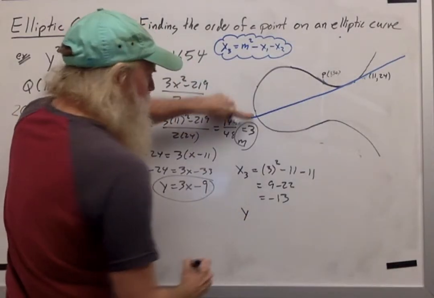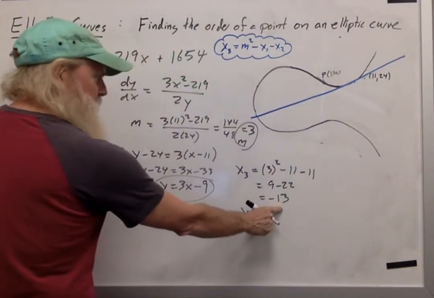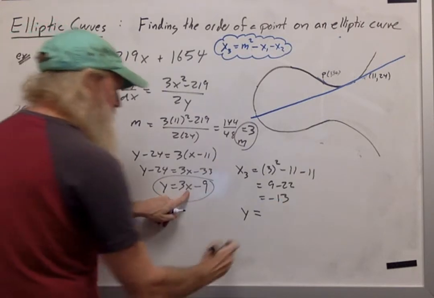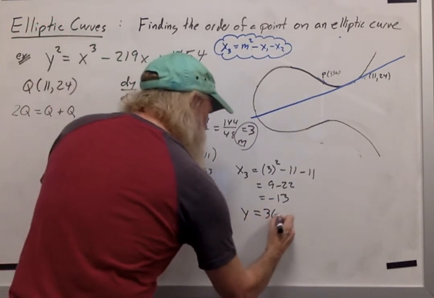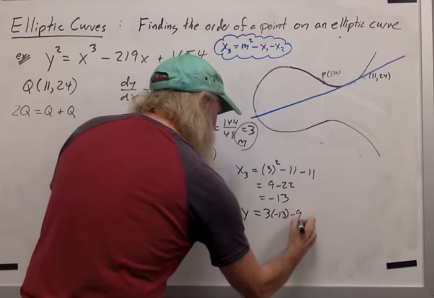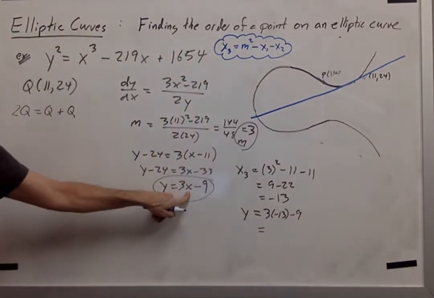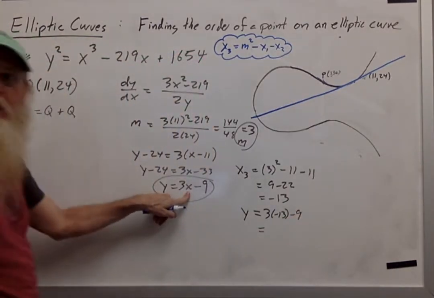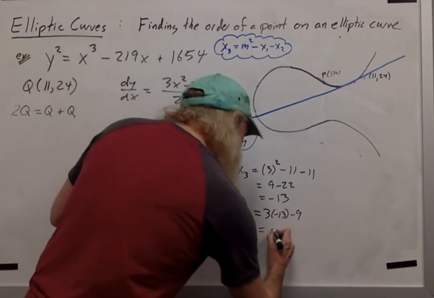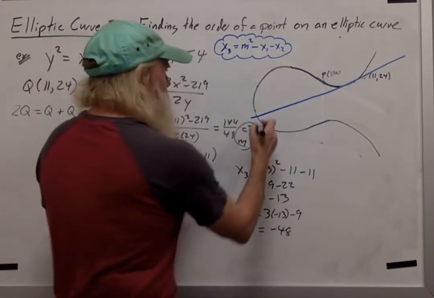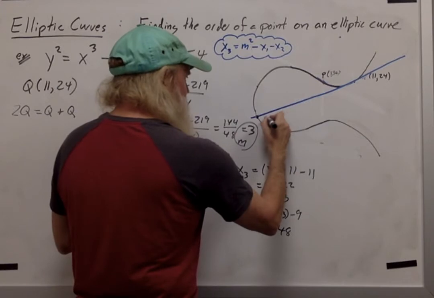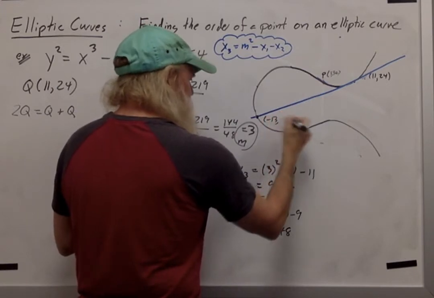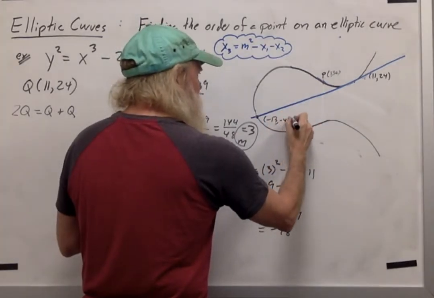The y-coordinate of the point of intersection I get by plugging x3 into the tangent line. So that's 3 times negative 13 minus 9, which is equal to negative 48. So this point of intersection here is (negative 13, negative 48).